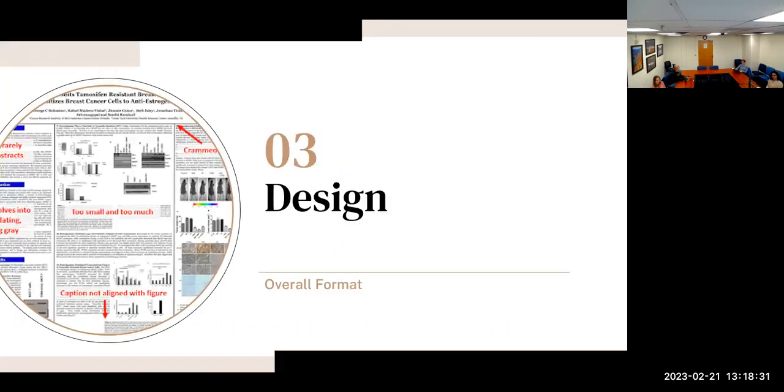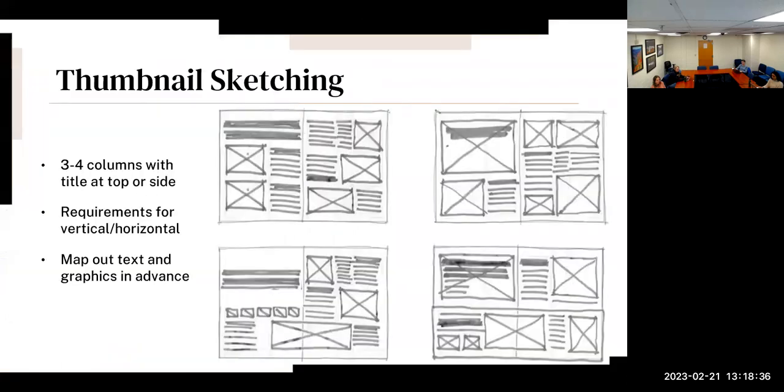So thinking about design, we want to make sure that this is eye-catching. What I highly recommend you do first is a thumbnail sketch. This is basically how people put together videos or cartoons. They always do thumbnail sketches beforehand because they want to know how it's going to flow. This is basically what you're going to do.